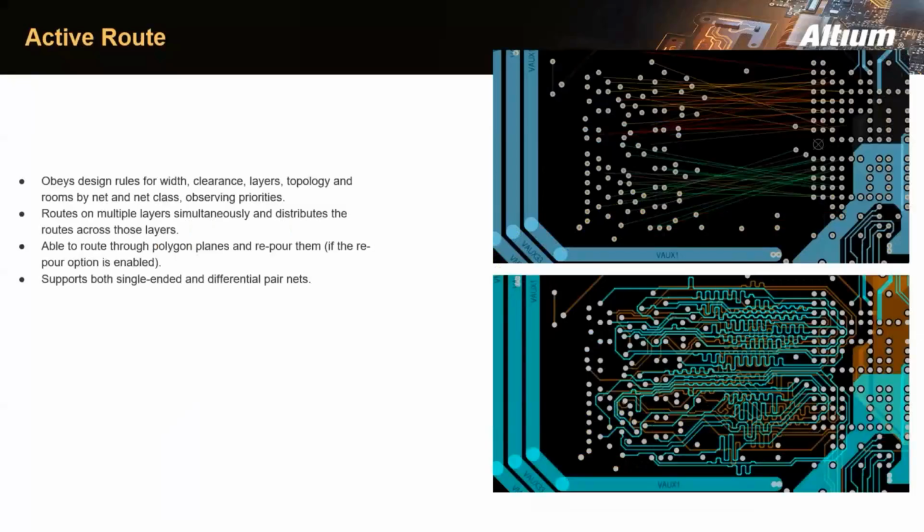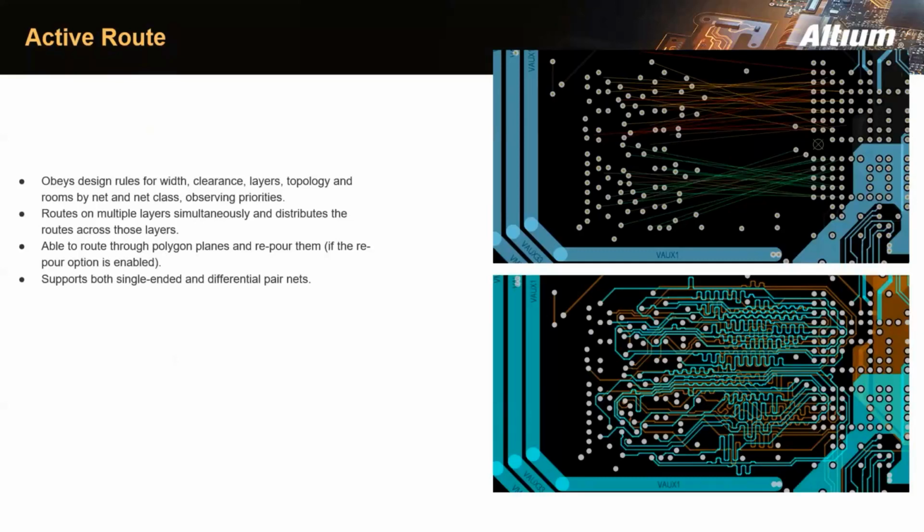Now let's talk about the active route inside Altium Designer. Active route is not an auto router, but it is similar. It's an automated interactive routing technology. It does route for you, but with your input. We don't recommend you use it to route all the nets on your board all at once, like you would with an auto router.